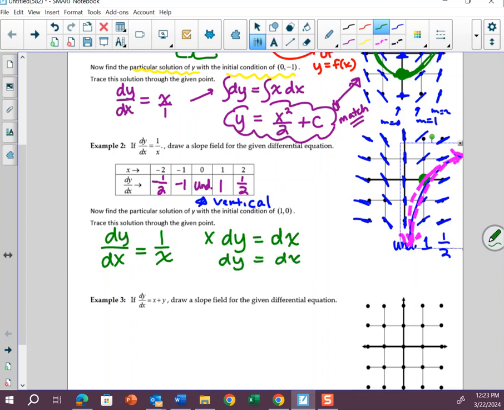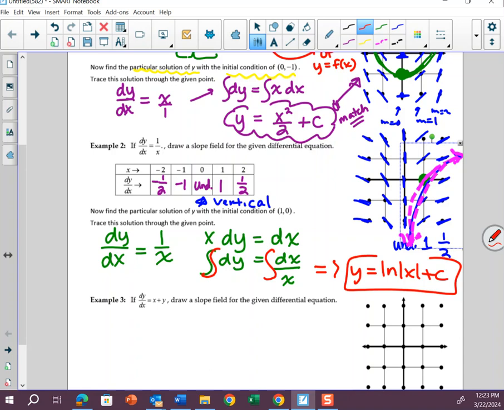So dy equals dx over x. And so if I separate and I integrate in this case, this is for sure a natural log. This differential equation matches up with a set of functions that are natural log.